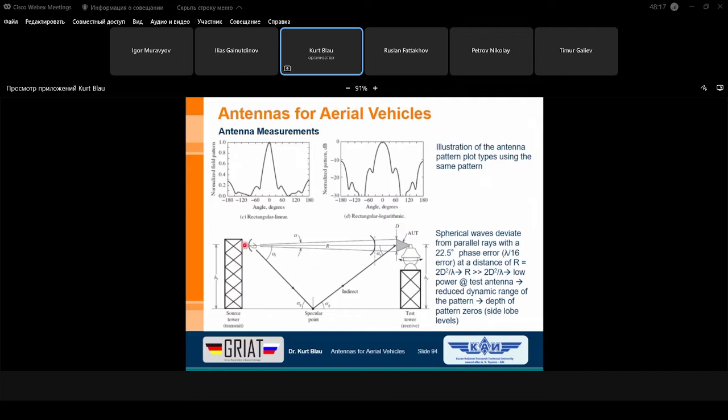what is additionally shown here? I mean, the antenna under test should be mounted very high over the ground. Also the illumination antenna. And we have two towers here, for instance.